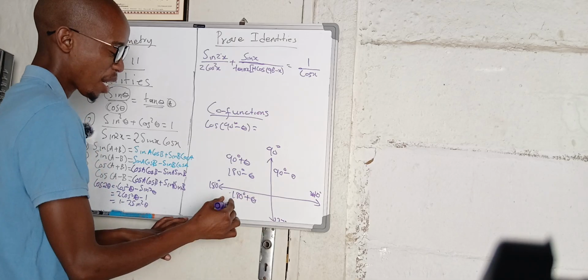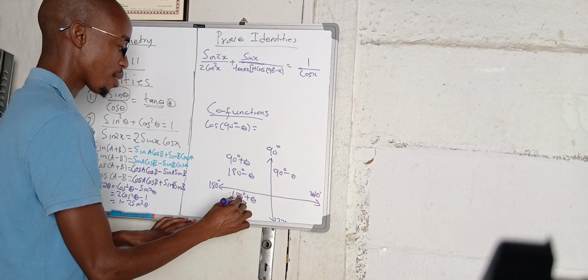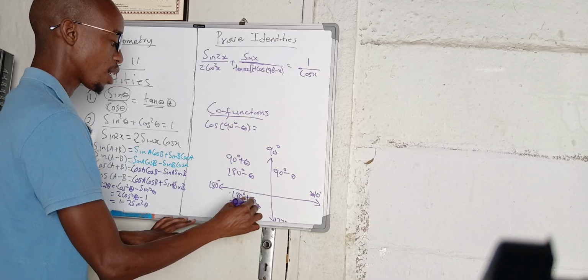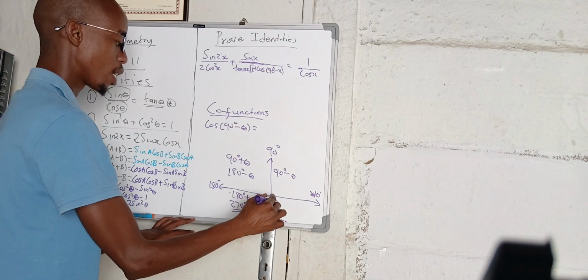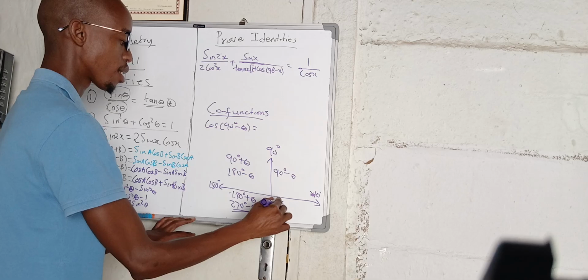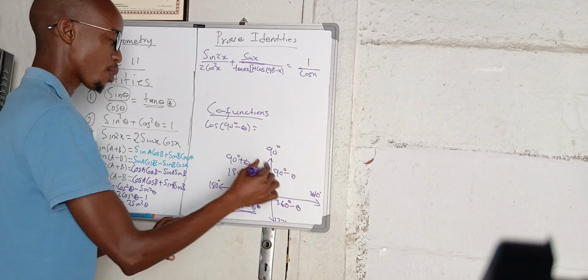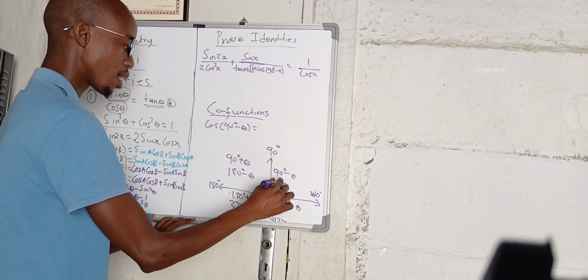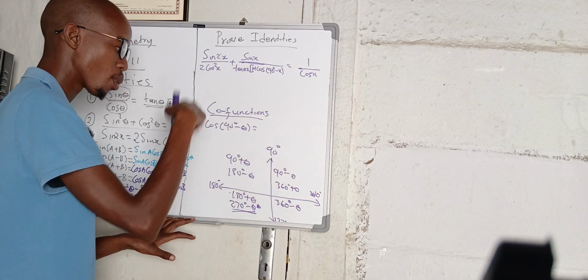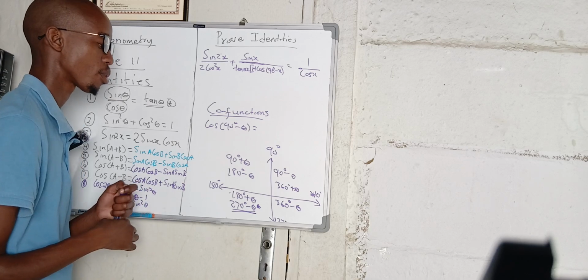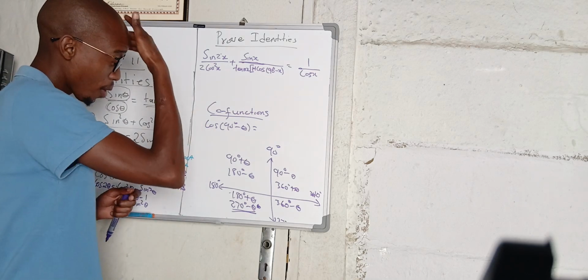Someone would like to say 270 degrees minus theta, but we don't normally use this one, so please do not take it into consideration. In here, we'll have 360 degrees minus theta. We can proceed to say 360 degrees plus theta when we do an overall thing, but let's not take that into consideration either. So now let's talk about co-functions.